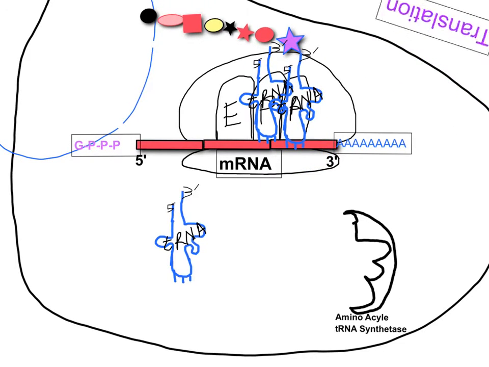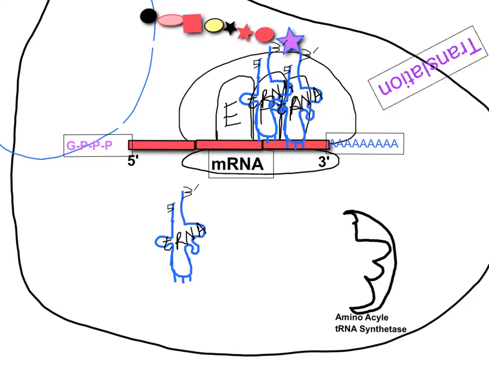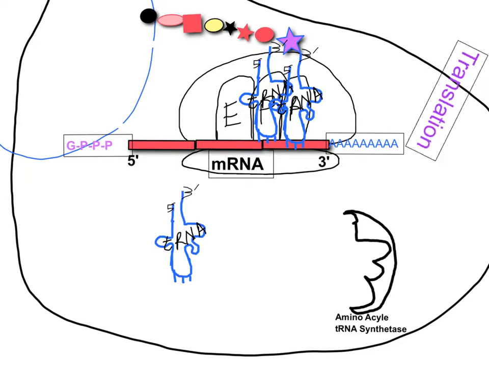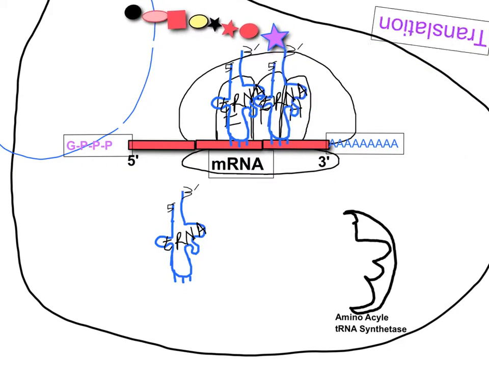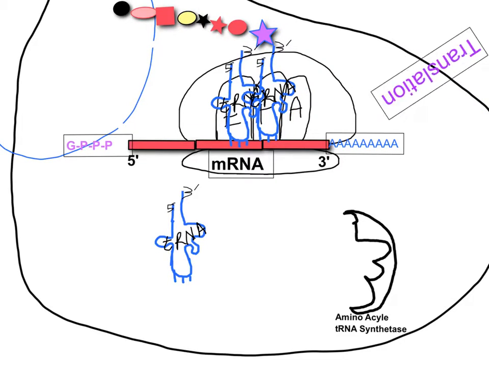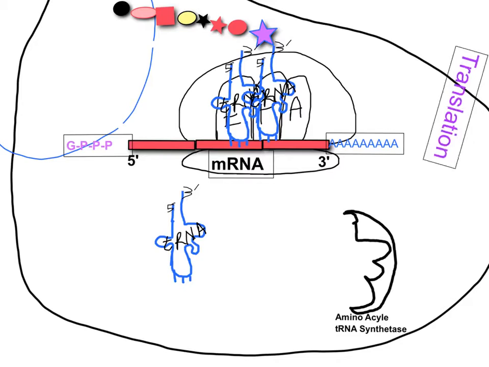And when it reaches the A site, again the messenger RNA will move a little bit further, and the transfer RNA present on the P site will move to the E site, and the transfer RNA present on the A site will move to the P site, having a polypeptide chain with it. Now a termination codon will come on the messenger RNA, which will terminate the process of translation, the addition of these amino acids.